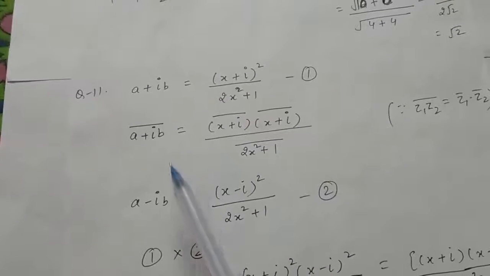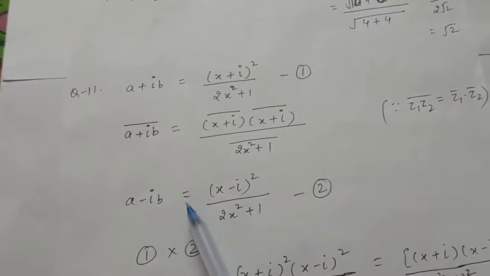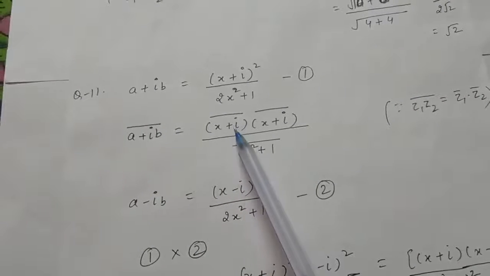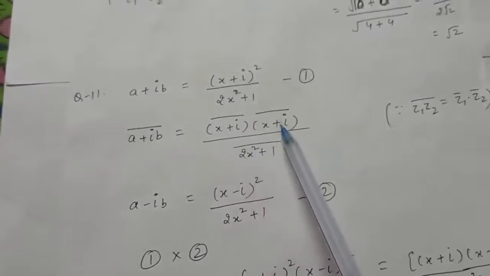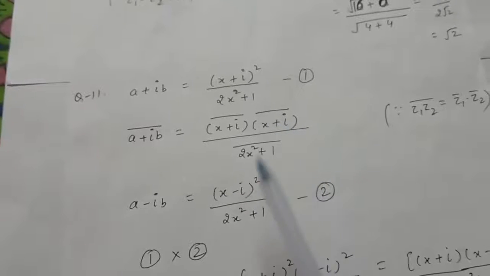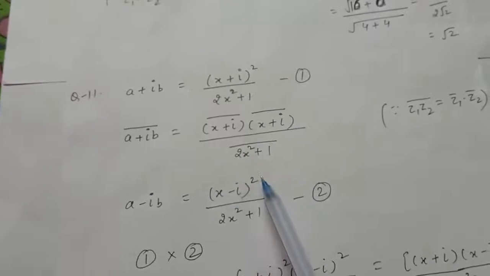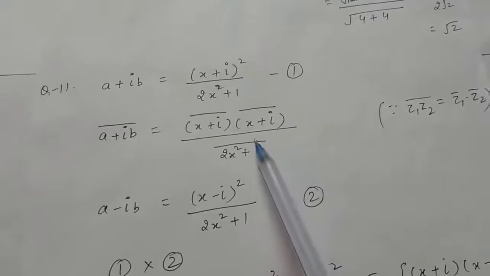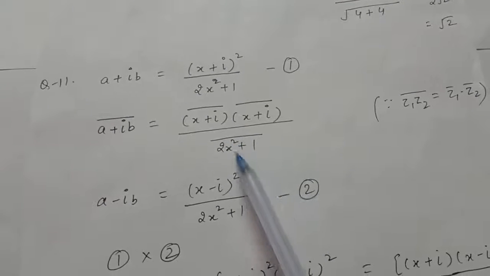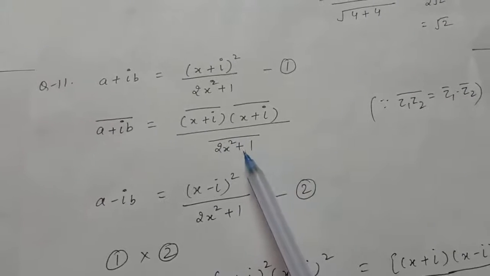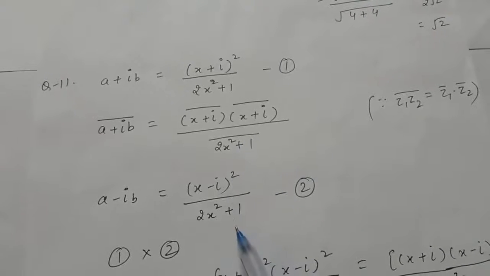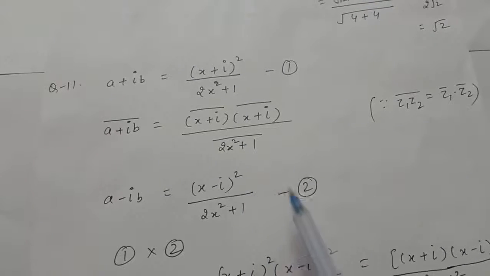So the conjugate of this will be a minus iota b equal to the conjugate of this will be x minus iota. Conjugate of this will be x minus iota. So you will get (x minus iota) whole square. Also see the denominator 2x square plus 1. So it is completely real. So the conjugate of this will be the same, right? Let this be 2.